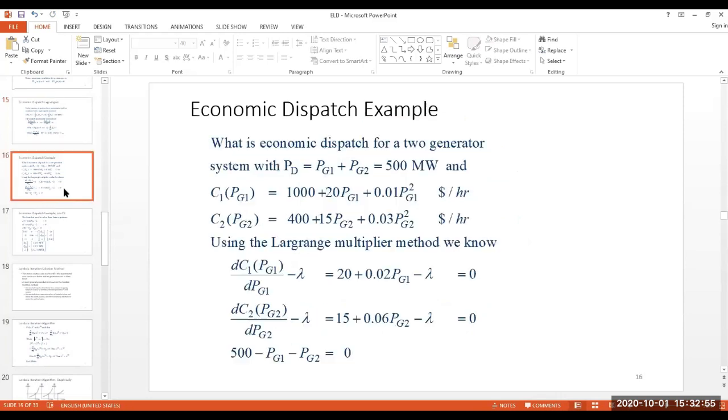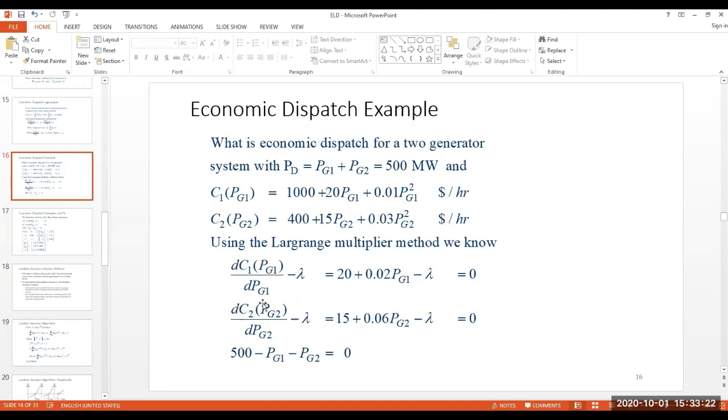So this one, you see, is my incremental cost function for generator 1. This is my incremental cost function for generator 2. And if I take this lambda to the other side, we get the same thing: incremental cost for generator 1, incremental cost for generator 2, all equal to the single lambda.